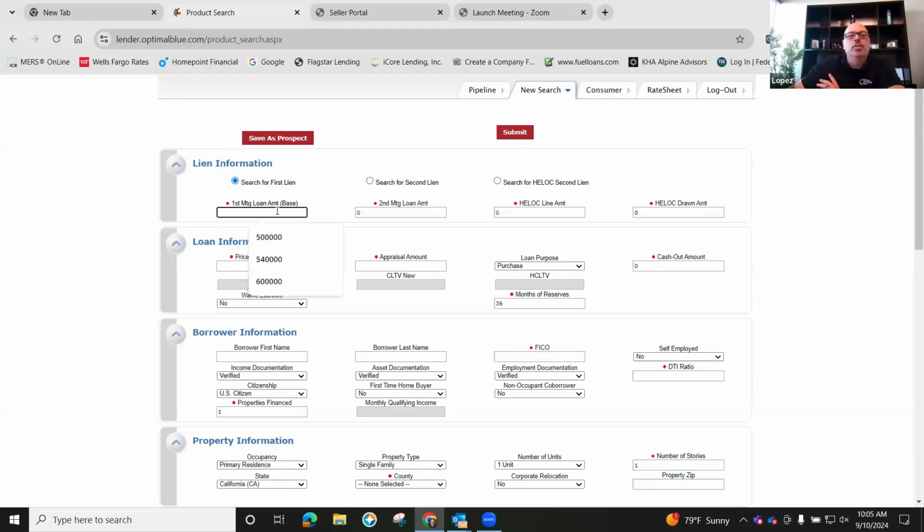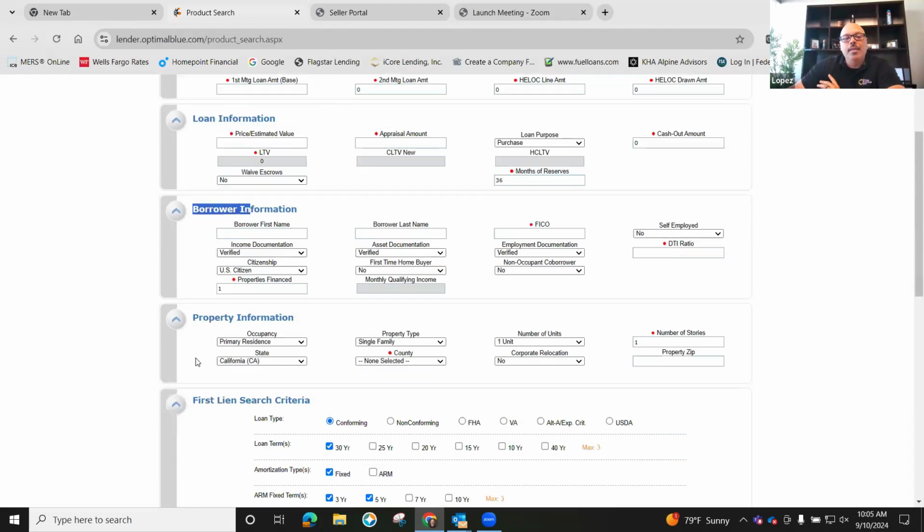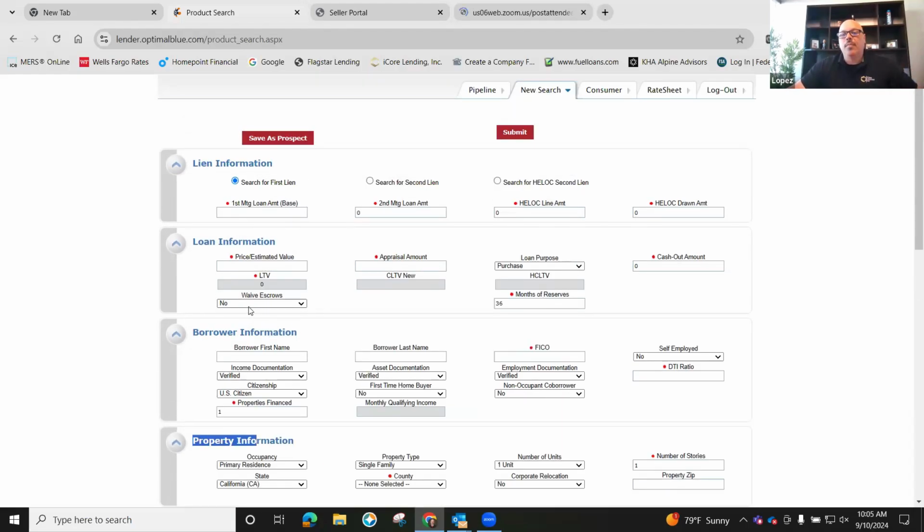I'm starting, and if you haven't noticed in the past, each one of these talk about the different things. So the reason why I'm highlighting this is because sometimes you'll be doing this quickly, especially those of us that have been doing loans for a long time. You'll quickly go in and fill out what you need to know and what you think you know, and all of a sudden you'll be like, oh my God, I forgot to put that they're self-employed.